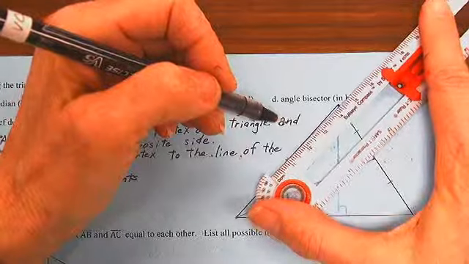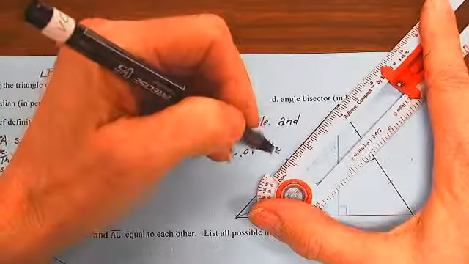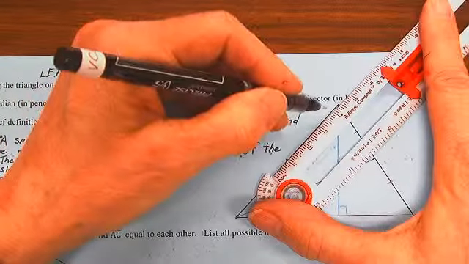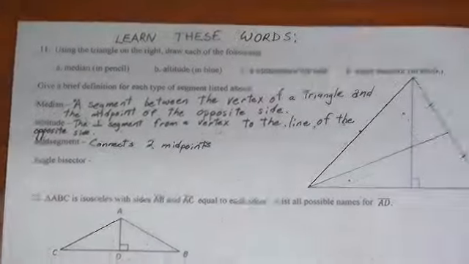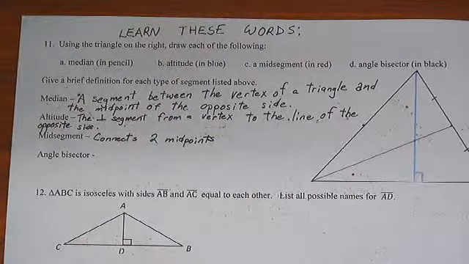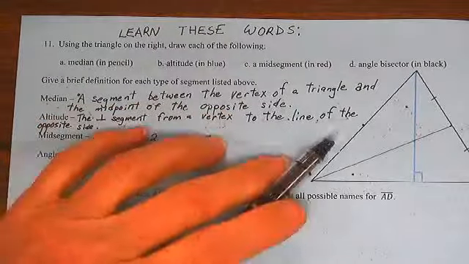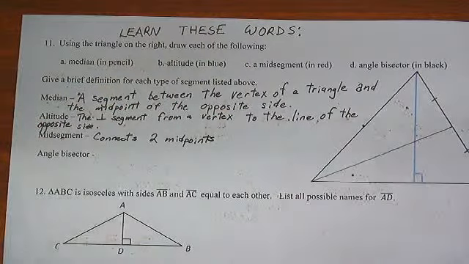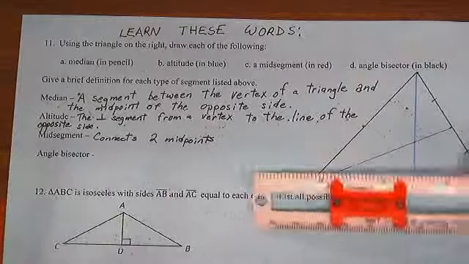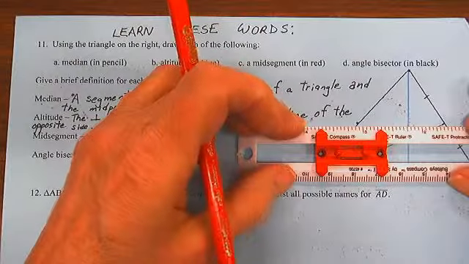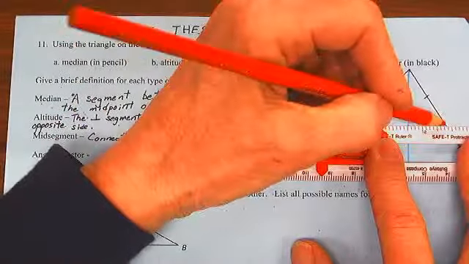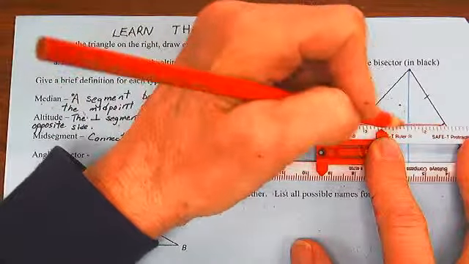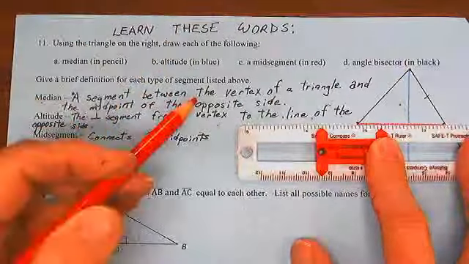I'm just checking that I really did get something close to a midpoint. Okay, I'm happy with that. Now I need my midsegment to be in red. Remember, ladies and gentlemen, the vocabulary is very important. And you remember we have a midsegment theorem as well.